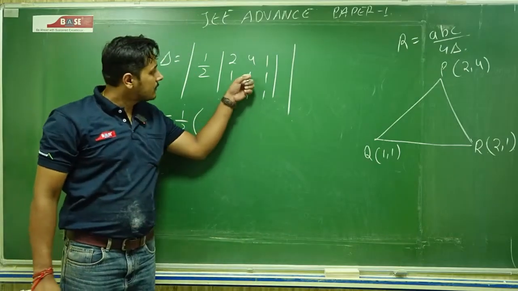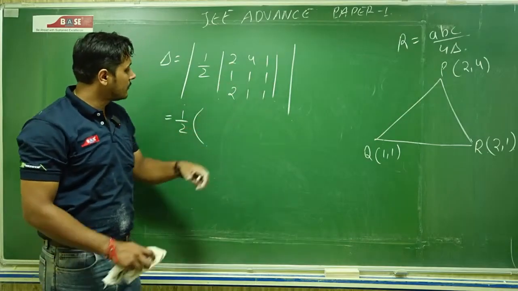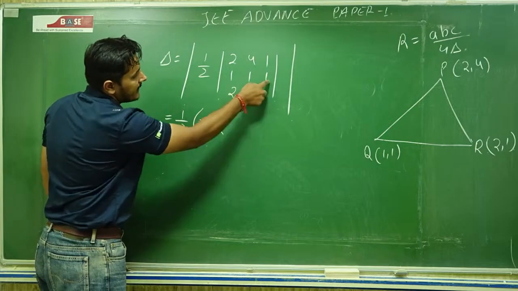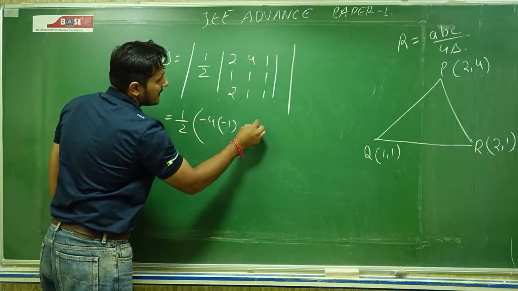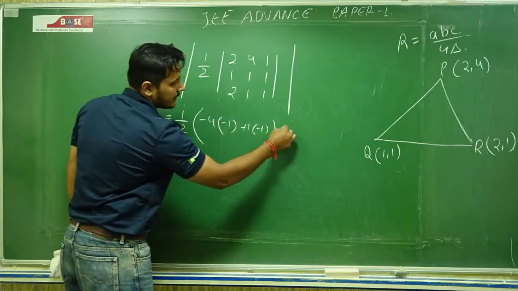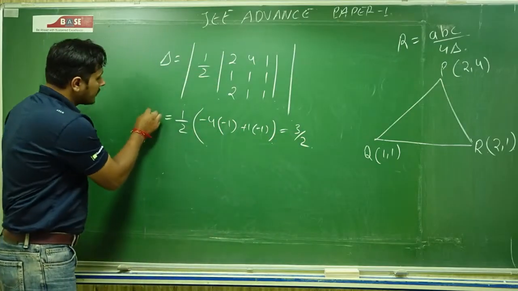So let's solve this. 1 minus 1 is 0, so there is no use. Then minus 4, 1 into 1 minus 2, so that is minus 1, plus 1 into minus 1. So this comes out 4 minus 1, 3 by 2. Positive number, so mod will also be positive. So we got this area.